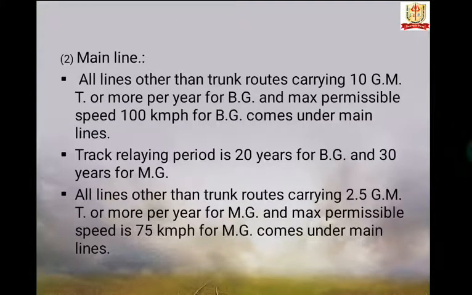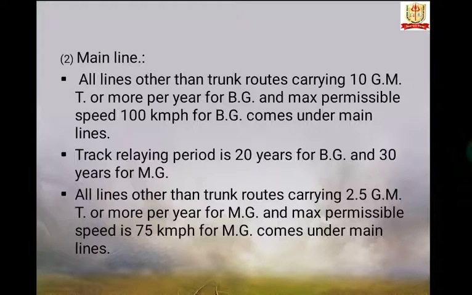Second is main lines. All lines other than trunk routes carrying 10 gross million ton or more per year for broad gauge, and maximum permissible speed of 100 km per hour for broad gauge, come under the main lines.